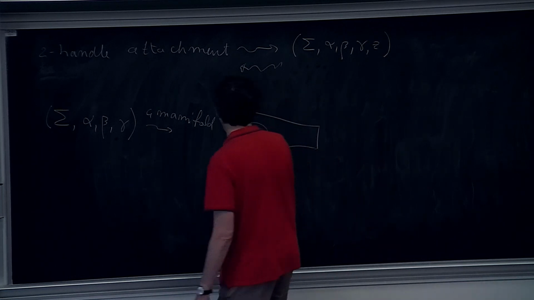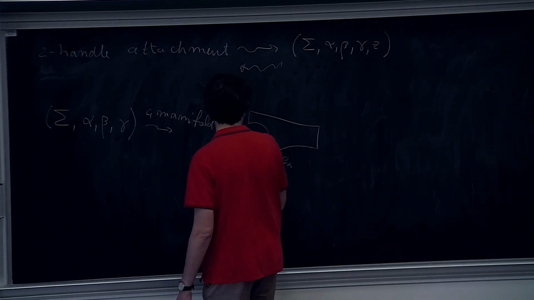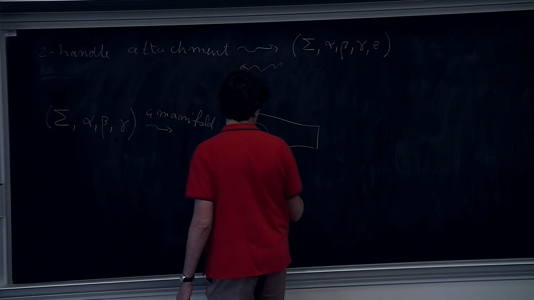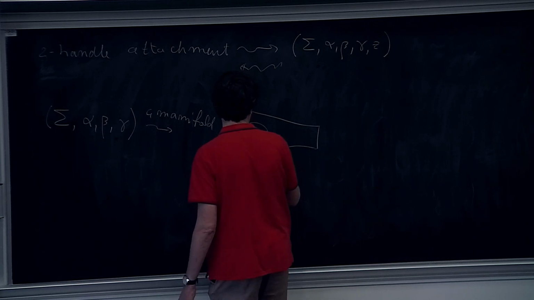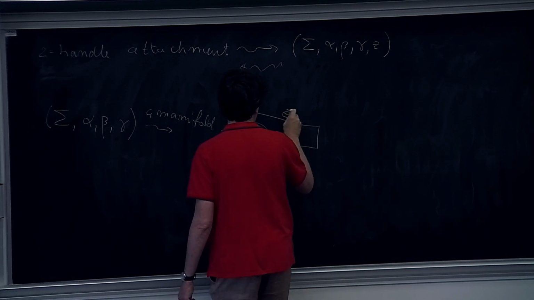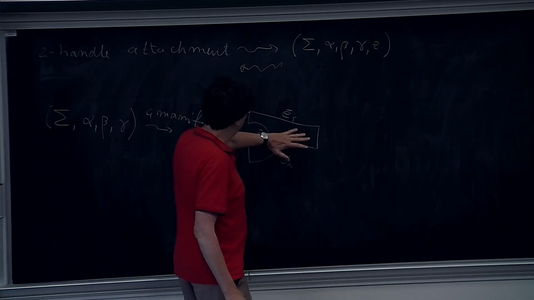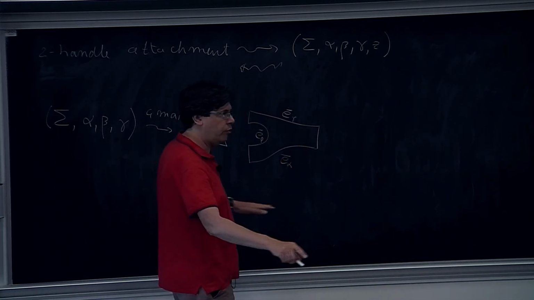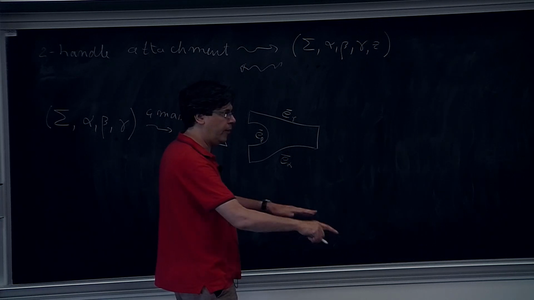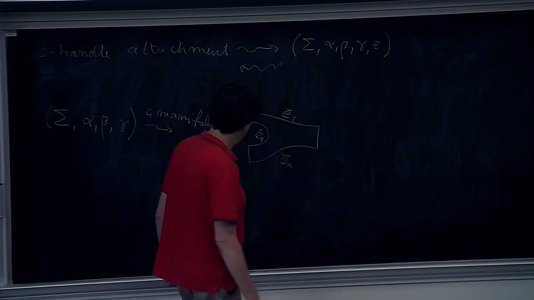So this I will call, I don't know, something like delta bar. And that I could label this E alpha bar, E beta bar, and E gamma bar. You should think of this as a compactification of the domain we use for the fibration for the holomorphic curves.